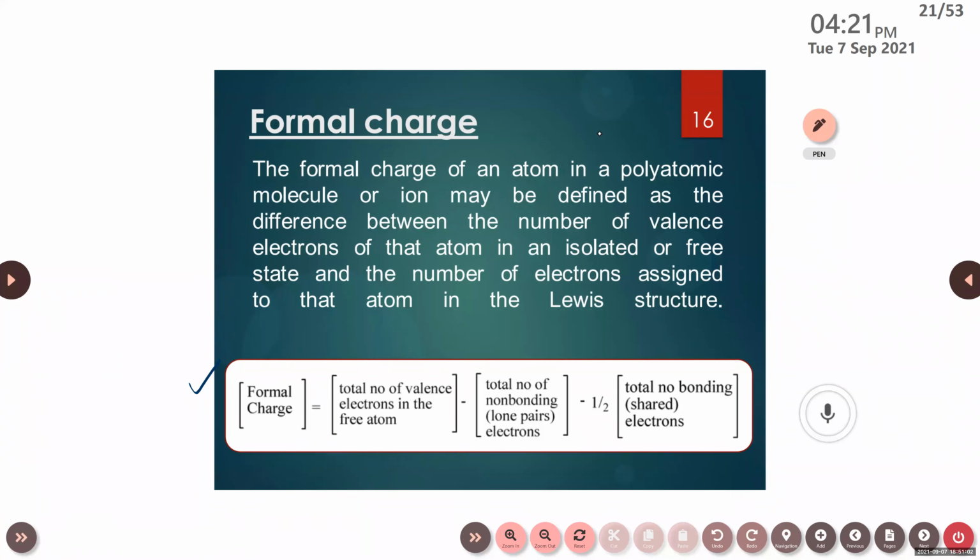Okay, then read. Formal charge. The formal charge of an atom in a polyatomic molecule or an ion may be defined as the difference between the number of valence electrons of that atom in an isolated or free state and the number of electrons assigned to that atom in the Lewis structure. Okay. Then read the equation.